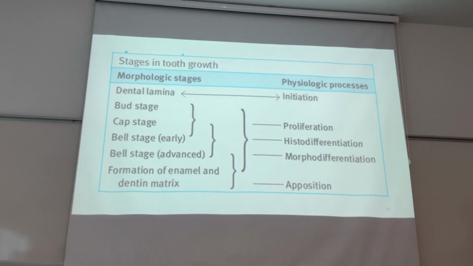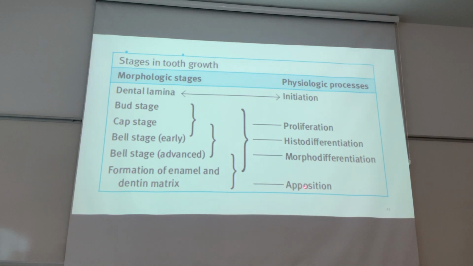This is important. We have different stages in teeth development. The first stage, or dental lamina stage, is our initiation stage. The proliferation stage is our bud, cap, and bell stages. And we also have the morphodifferentiation stage, starting from the bell stage.